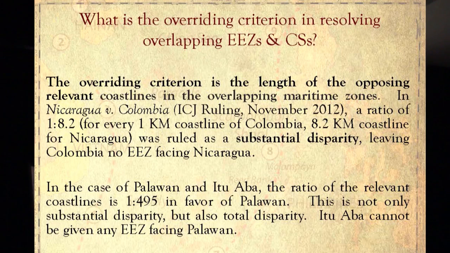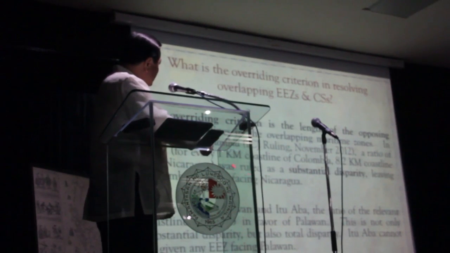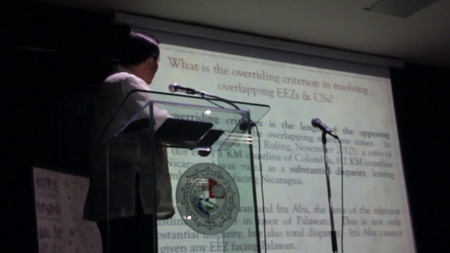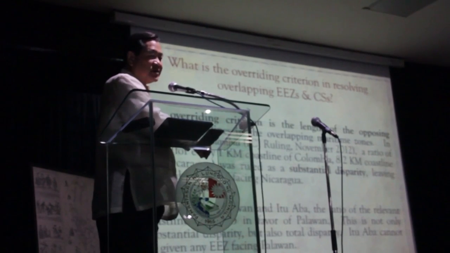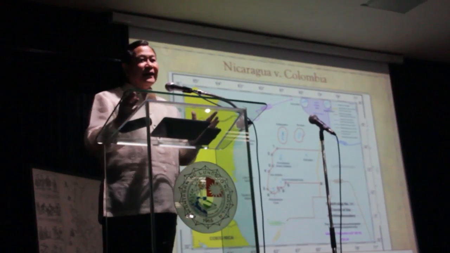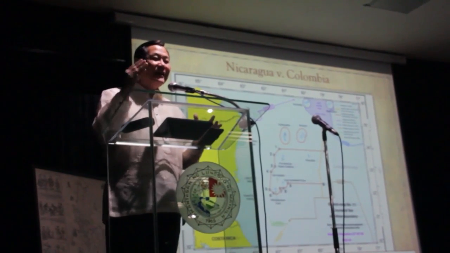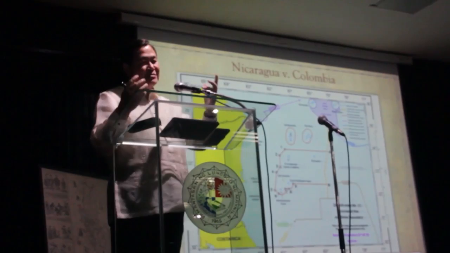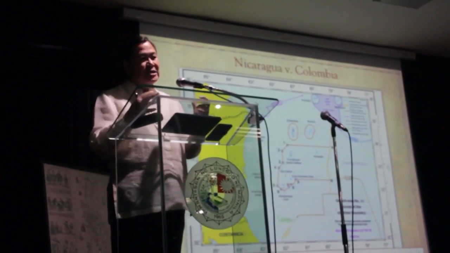For every 1 kilometer of coastline of Colombia, Nicaragua has 8.2. And the court said that is a substantial disparity. Colombia is not entitled to any EEZ facing Nicaragua. In Palawan, the ratio is 1 to 495. It's not only substantial disparity, it's total disparity.